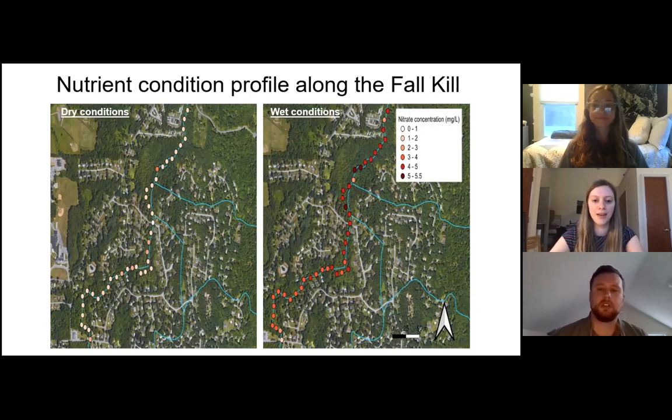Great. If phosphorus rather than nitrogen is the limiting nutrient in the Fallkill, would macrophyte impacts on nitrate levels matter as much? Hard-hitting question from Ray Kepner. Yeah, that is a hard one.